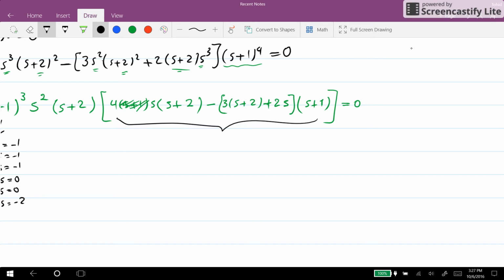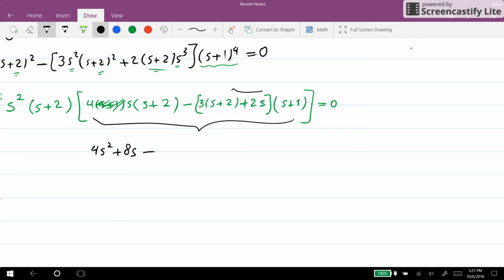We have 4s times (s plus 2), so we have 4s squared plus 8s minus, what do we have here? In the bracket here we have 3s plus 6 plus 2s, so 5s plus 6 times (s plus 1). We will have 5s squared plus 5s plus 6s plus 6, which is 5s squared plus 11s plus 6, equal to 0. 4s squared minus 5s squared, we will have minus s squared. 8s minus 11s, we will have minus 3s, minus 6 equal to 0.